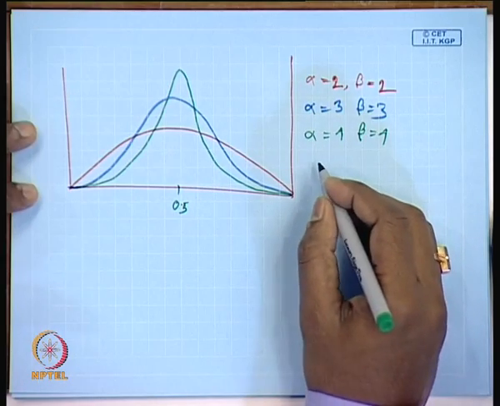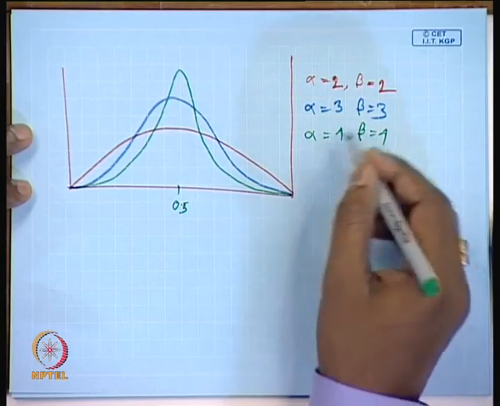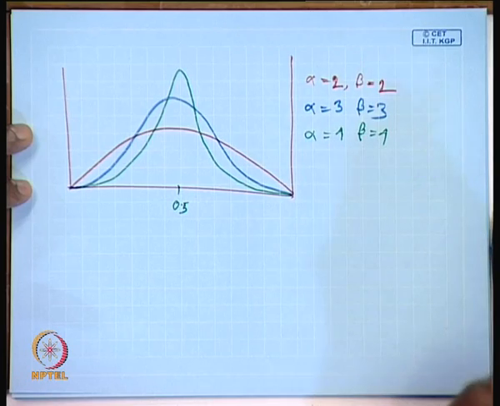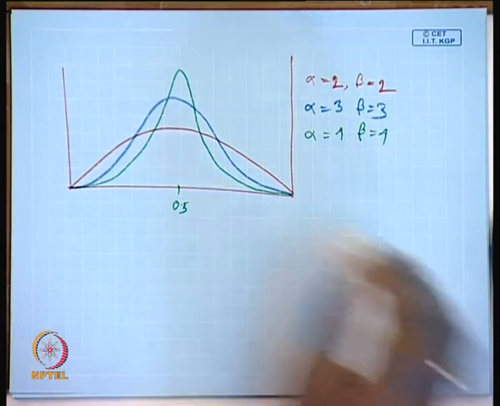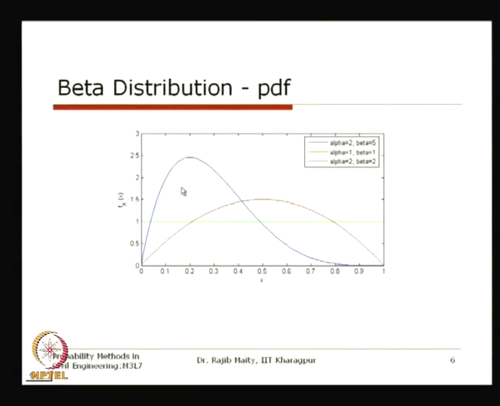Now, instead of just making them equal, if we change them, if we see it on the slide again, if alpha and beta are not equal, then how does it look? So, here alpha equals 2 and beta equals 5, and from our previous lectures' discussion on positively skewed and negatively skewed, you can see that this distribution is positively skewed.